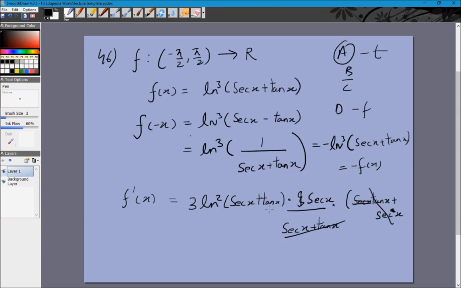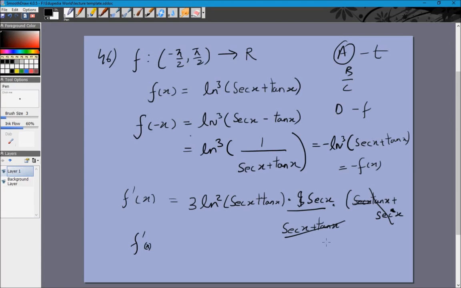Now f dash x, when x is between minus pi by 2 and pi by 2, cos x is positive, so sec x is positive, and ln is positive, right? Because sec x plus tan x is also positive between minus pi by 2 and pi by 2.